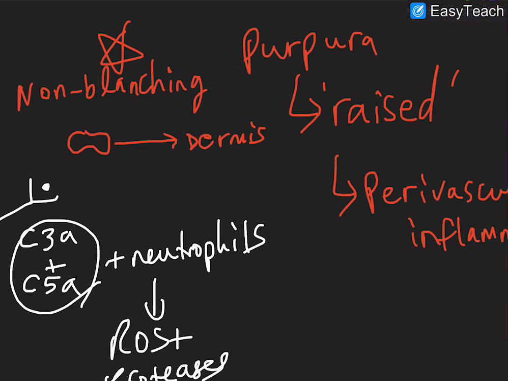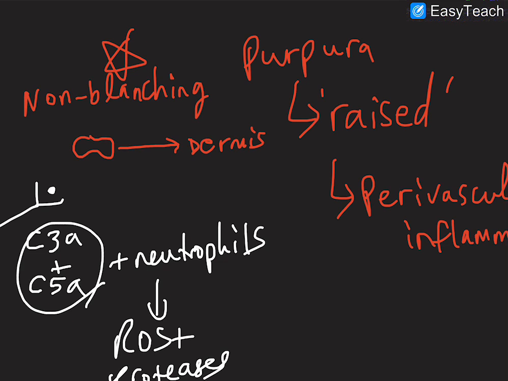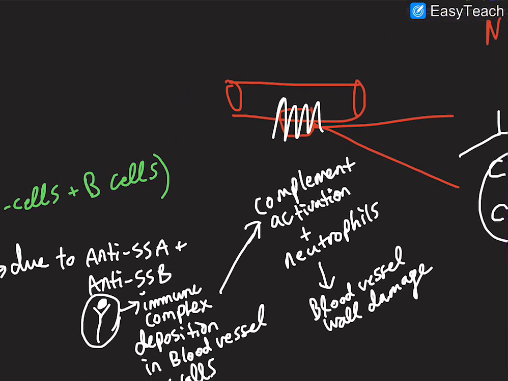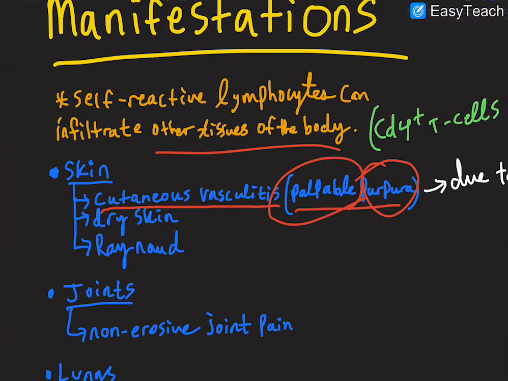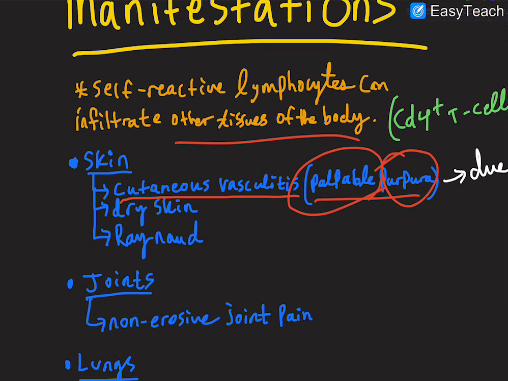You're going to have your blood vessels that will be inflamed. And if you have inflamed blood vessels, that can lead to palpable purpura, meaning you're going to have a raised lesion, right? So that's why it's palpable, because your blood vessels are inflamed. Okay. And so that's the cutaneous vasculitis skin finding. All right. So what are other skin findings that we can see? Right?